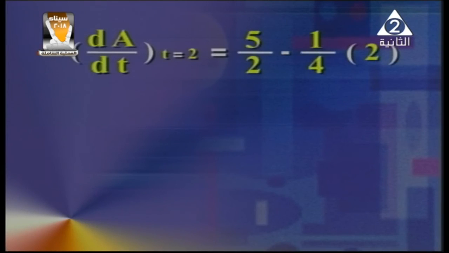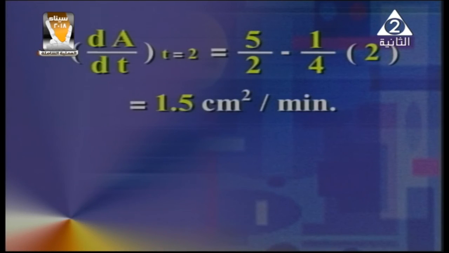After t equals 2, by substitution, we find dA over dt equals 5 over 2 minus quarter times 2, which equals 1.5 centimeters squared per minute.